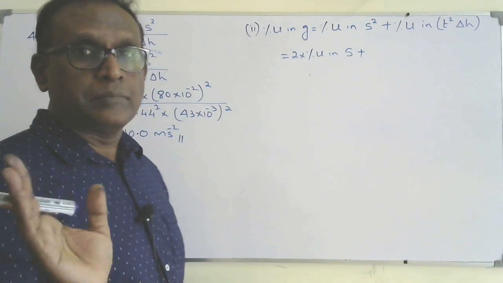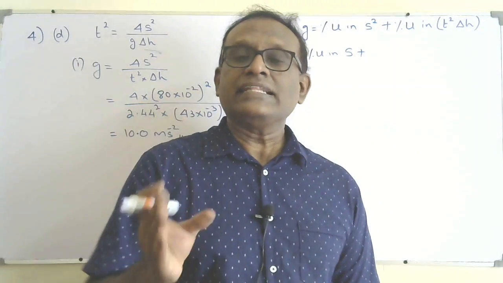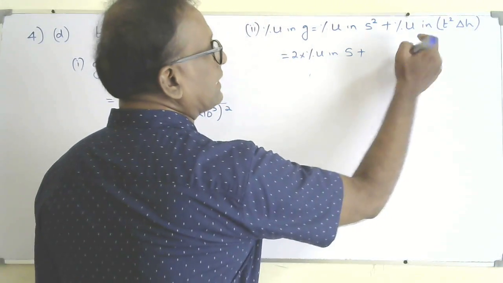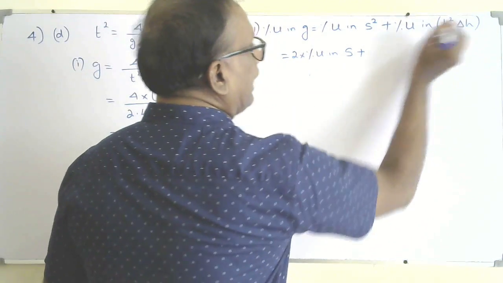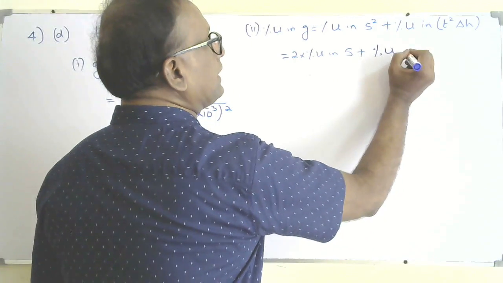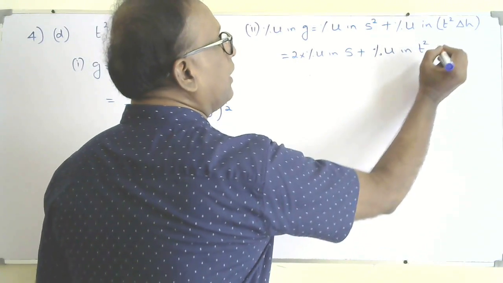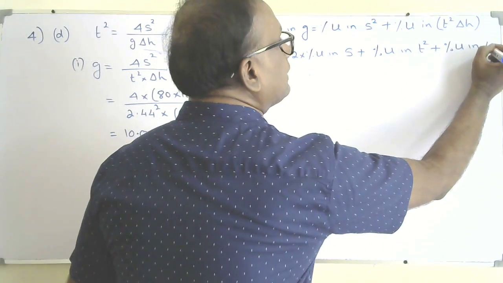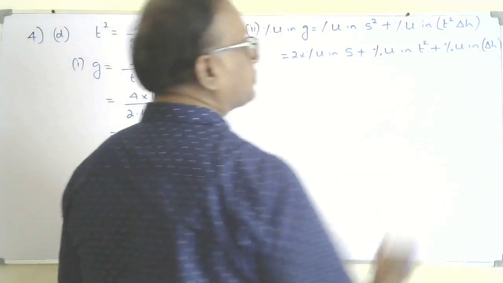When two quantities are multiplied, we need to add their percentage uncertainties. So plus percentage uncertainty in t squared plus percentage uncertainty in delta h. I hope you understood it.